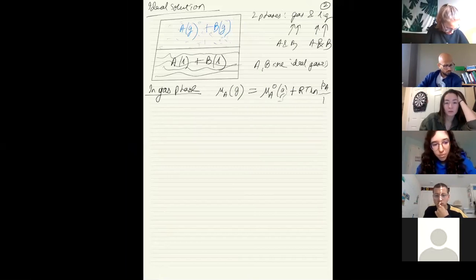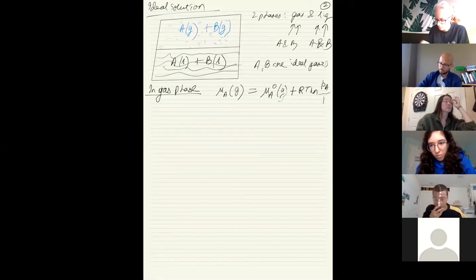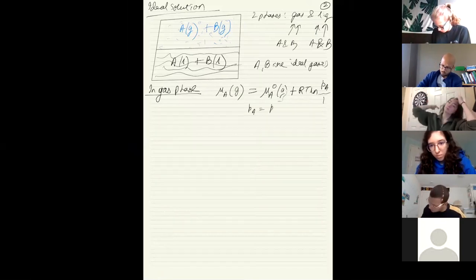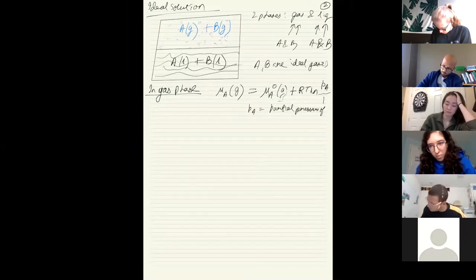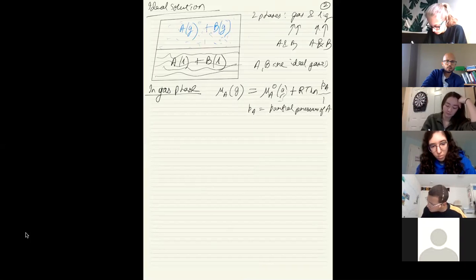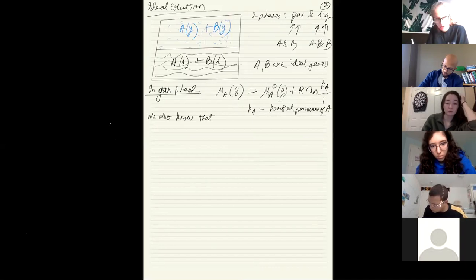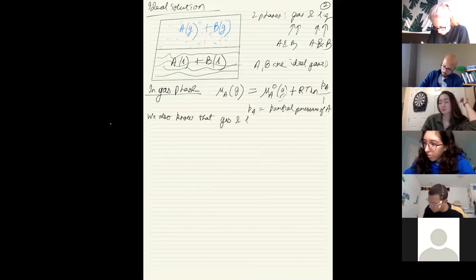So in the gas phase, we can write down that mu A gas is equal to mu A naught gas plus RT ln PA, where PA is equal to the partial pressure of A. And we also know that gas and liquid are in equilibrium.